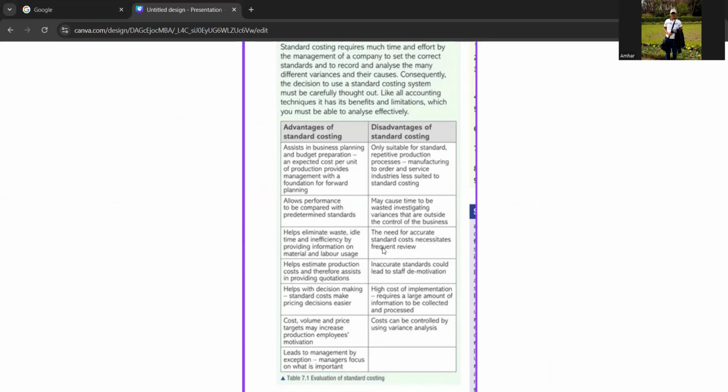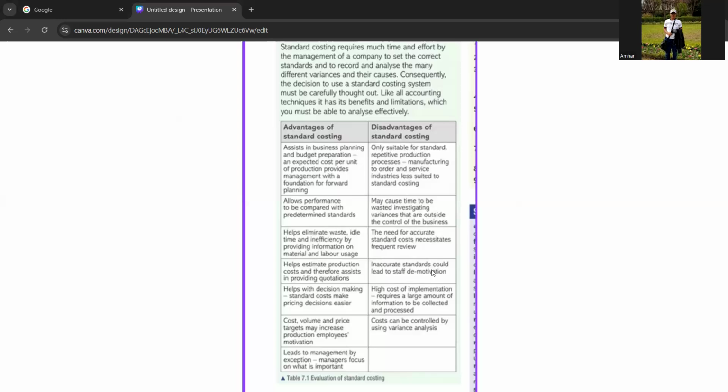And then the need for accurate standard cost necessitates frequent review. That means the need for accurate standard cost requires frequent analysis, frequent assessment. So therefore, this is a disadvantage.